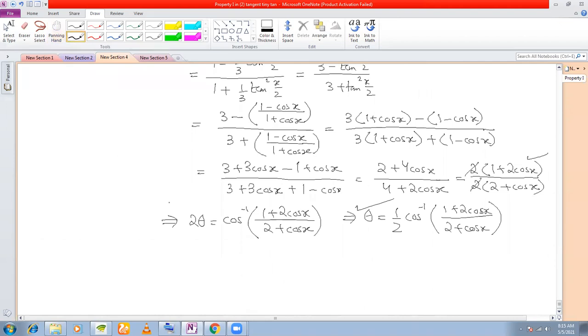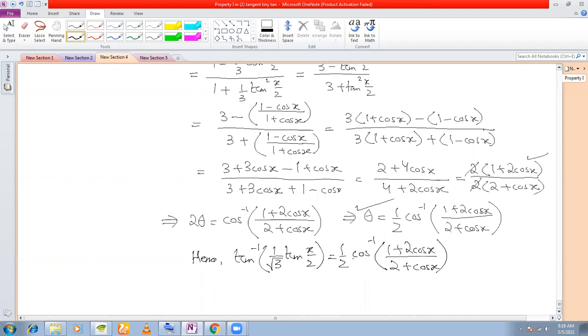Hence, our given question, tan inverse of 1 by root 3 tan x by 2 is equal to half cos inverse 1 plus 2 cos x by 2 plus cos x. Clear? Or any question? No.